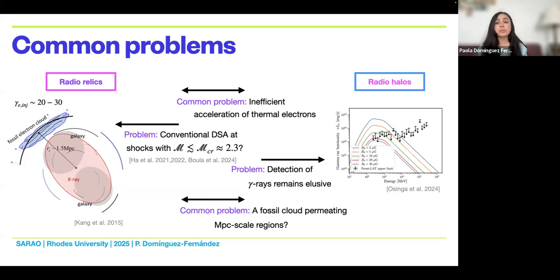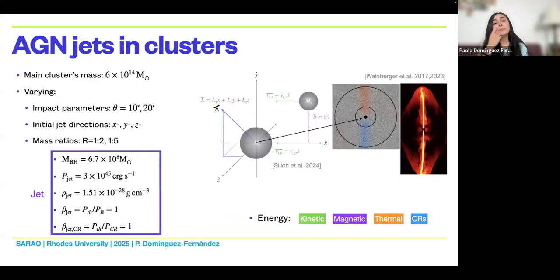But where could this fossil population of electrons come from? Well, basically, we could have a fossil population of electrons if there were previous episodes of acceleration, or we could have them originating from a local source such as AGN. And that is a possibility that we wanted to explore with this work.